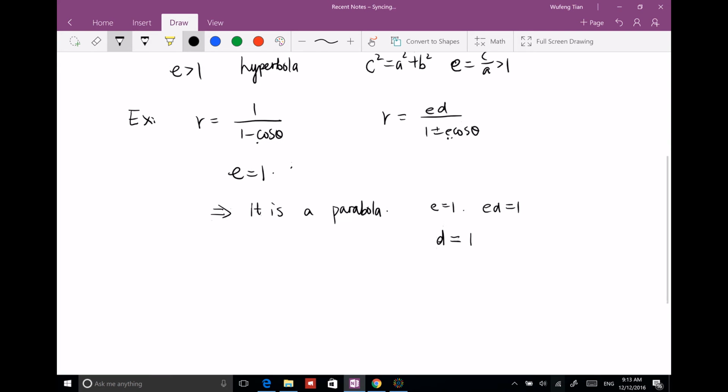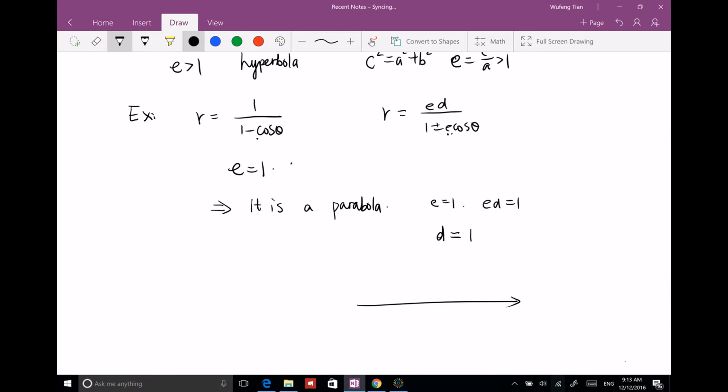And then we look at the picture and graph it. If it's 1 minus cosine theta, the picture is going to be like this, open to the right.